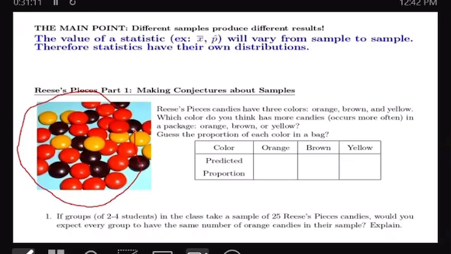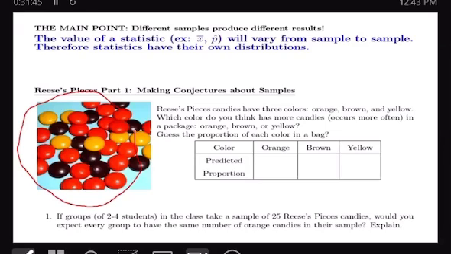When I go into the population, I need you to listen. If you don't understand, ask a question. I go into a big bag. I put 50 orange candies, 50 brown candies, 50 yellow candies. I mix them together.